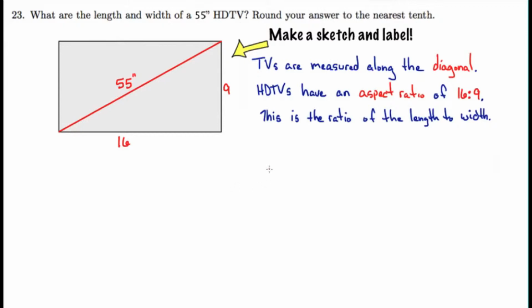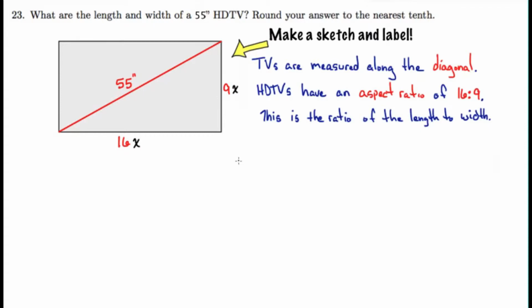So I have to multiply these ratios by something in order to attain a 55-inch diagonal. So I'm going to call that x for both. It would be the same x for the 16 and 9.